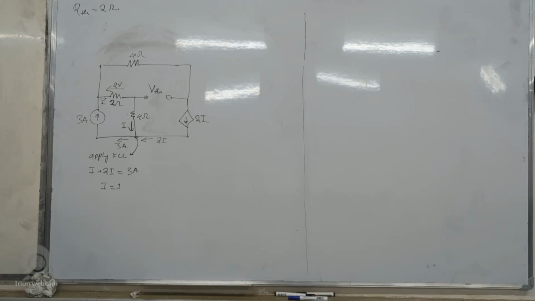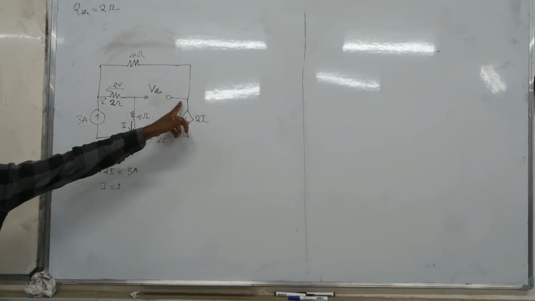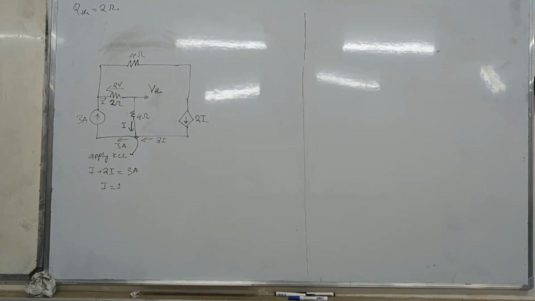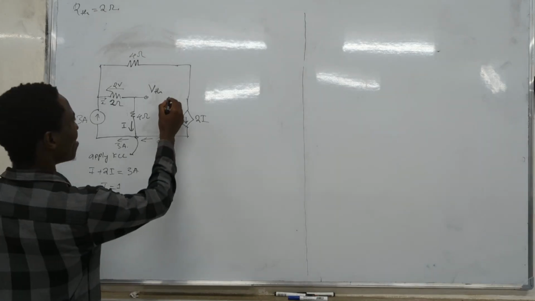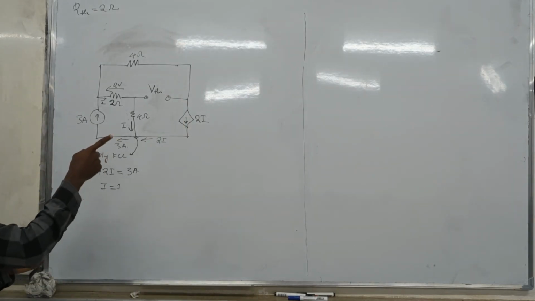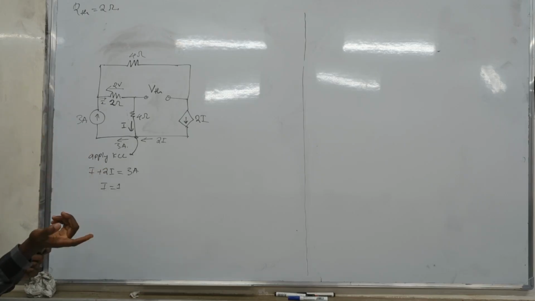Why? So this part is open, there's no current which is flowing. Maybe we do this. So this is 2I. You're correct. So 2I, I is 1, so it's 2 amps in short.